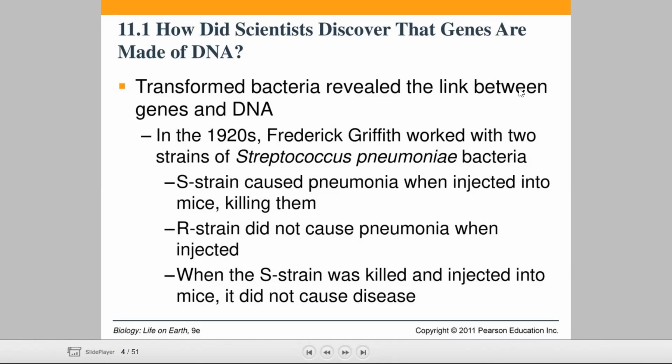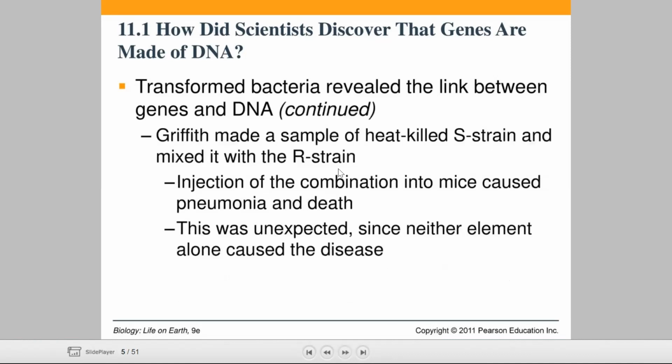In other words, it loses its capability to cause diseases in an organism. Now, Griffith made the transformation experiment by making a sample of heat-killed strain. So you have the strain, the previous one. Let me draw it on the board here.